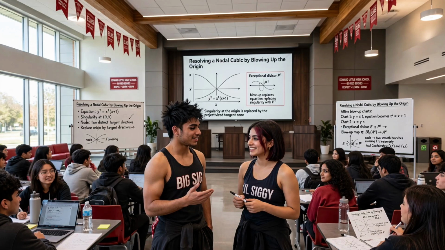So for chart 2, if v equals x divided by y, we multiply by y to get our substitution key: x equals v times y. Yes. We are replacing every x with v times y. And when you substitute v times y into our original y squared minus x squared minus x cubed equals 0, you see a very similar pattern emerge. Yeah, let's look.